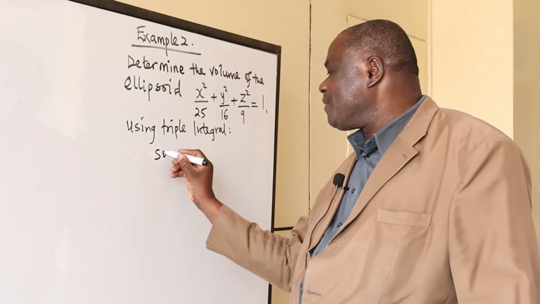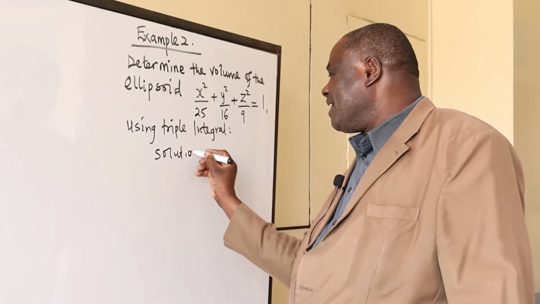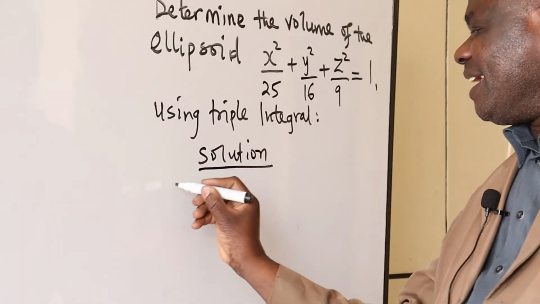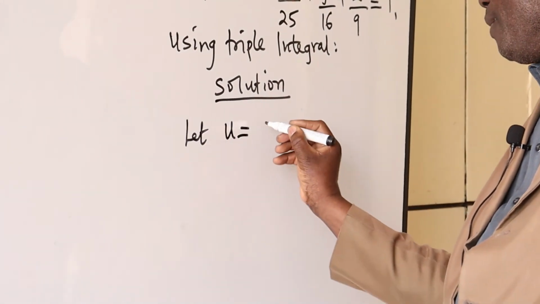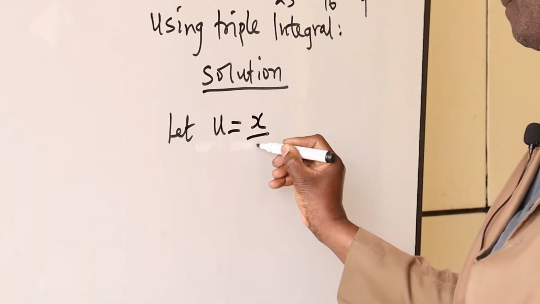So in our solution, we can say let u be equal to x all over 5.